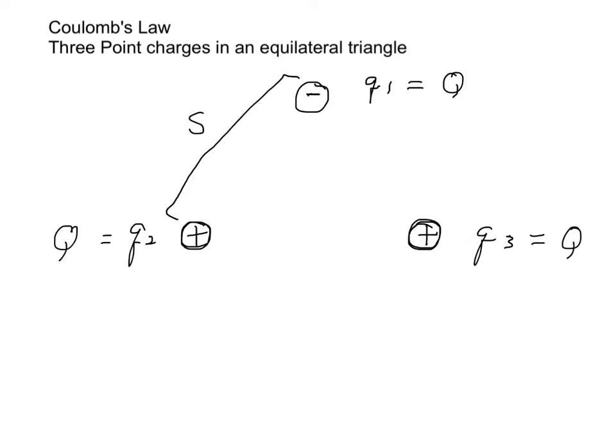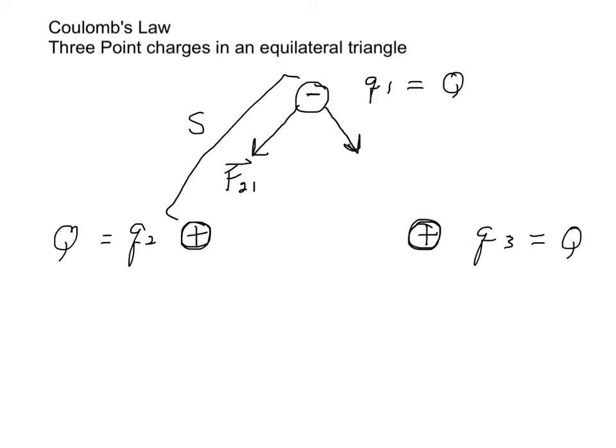2 acts on 1 in an attractive direction. That would be F2 on 1. And it's going to have an i and a j component because it's partly in the negative x direction and partly in the negative y direction. Since we're in an equilateral triangle and the charges are equal, the force of 3 on 1 is going to be the same magnitude, so I'll try to draw it the same length, but it will be pointing.